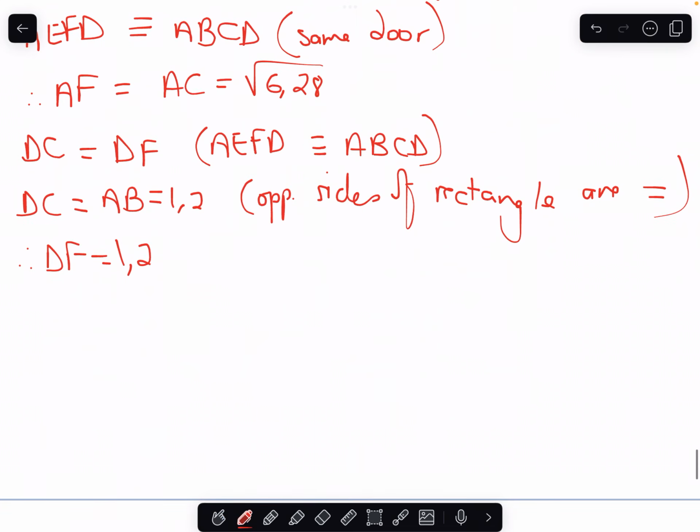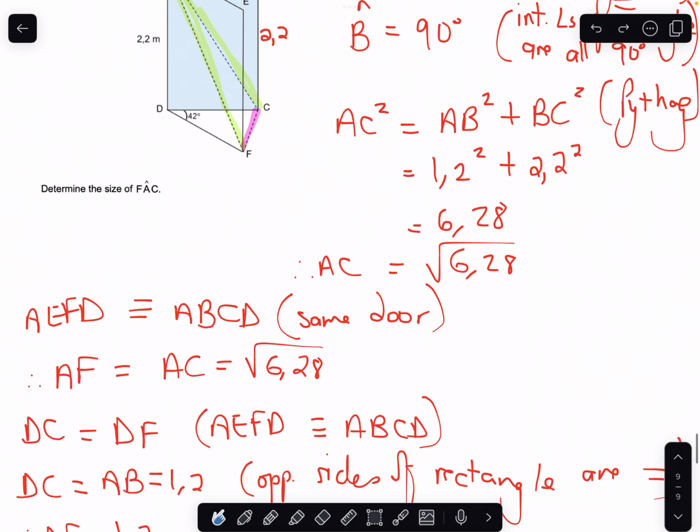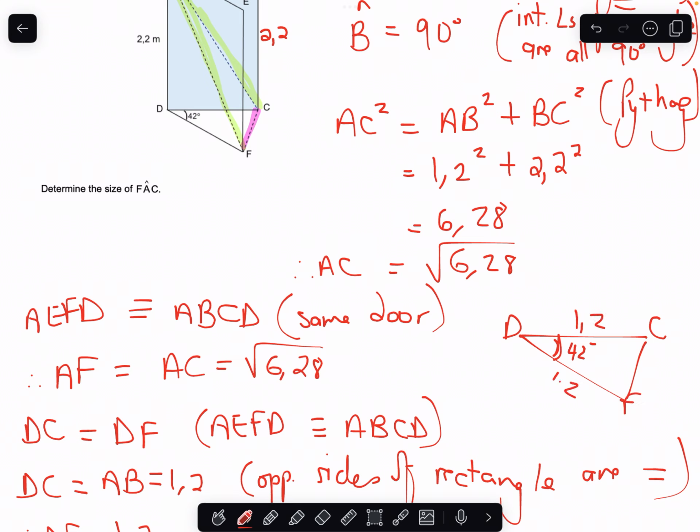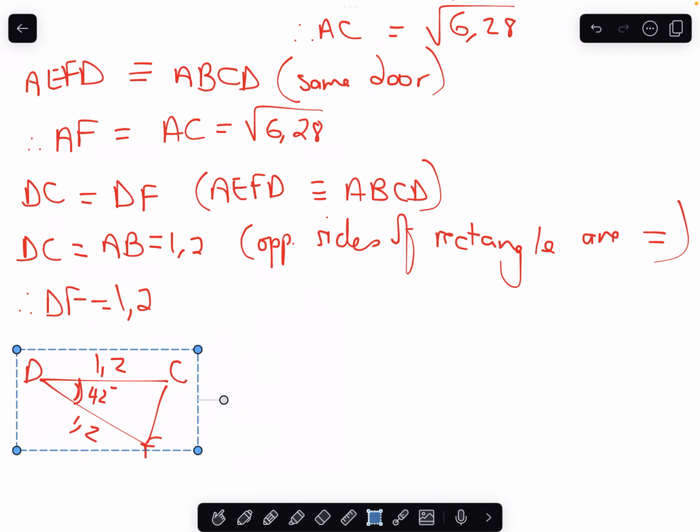So I'm just going to draw that out quick. Let me draw it the way that it's, so it's like this, where this is 42 degrees at DCF, and we have noted that both of these are 1,2.